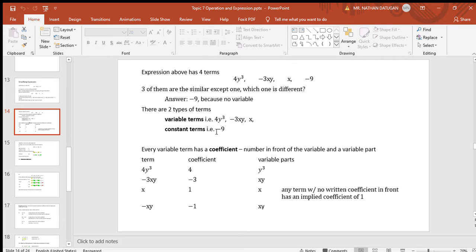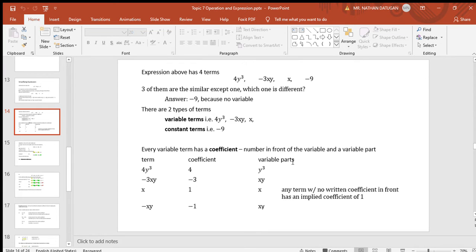And variable terms have two parts: a coefficient, which is basically the number in front of the variable, and the variable part, so all the variables. So let's say we have a term here, 4y cubed. The coefficient is 4. The variable part is y cubed. How about negative 3xy? Well, the coefficient is just negative 3.